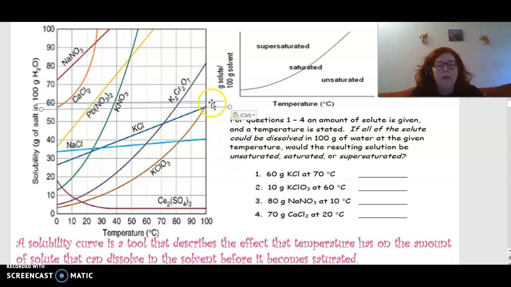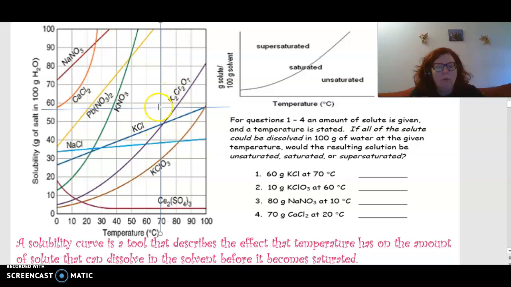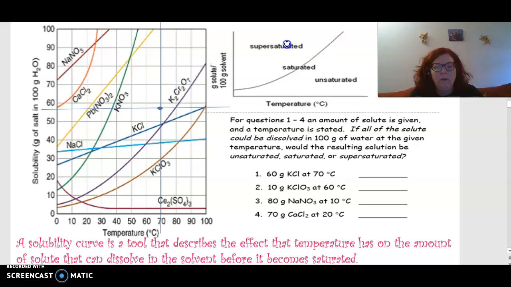All right. 60 grams at 70 degrees, where the 2 points intersect. Right about there. Using our little teaser up here, what do we got?